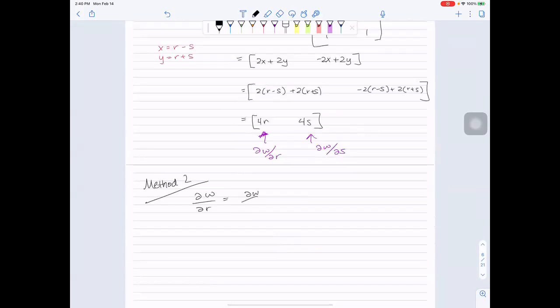So we need a partial of w with respect to x, and we're going to have a partial of w with respect to y. Then looking at x, it was in terms of r and s. So we can take the partial of x with respect to r. And notice how you can imagine like this canceling out, I guess, and you have a partial of w with respect to r. Plus, you'd want to do the same thing with y.